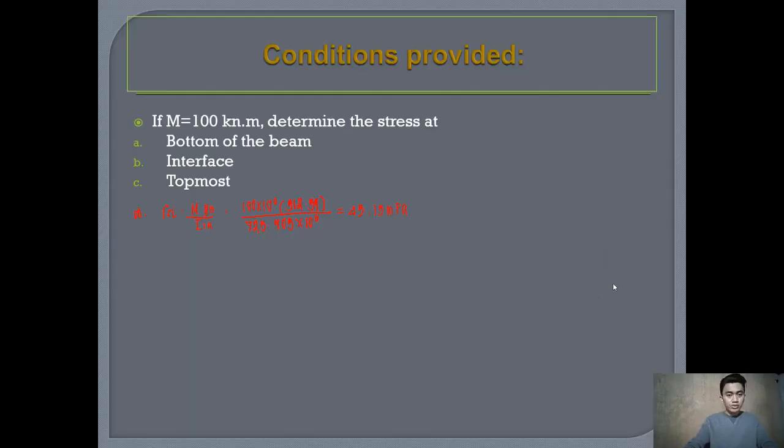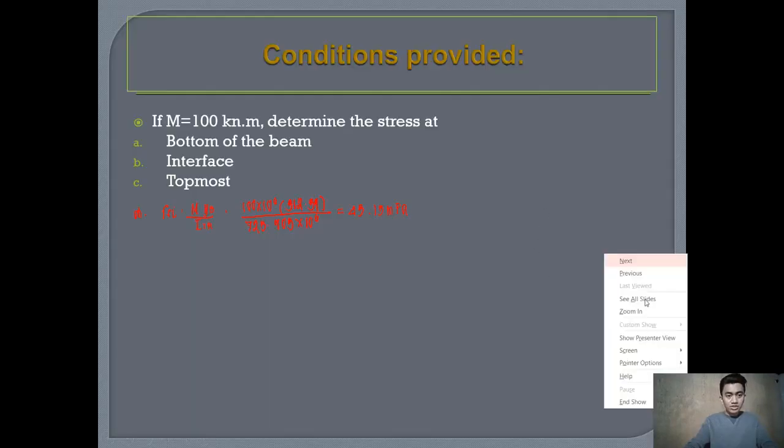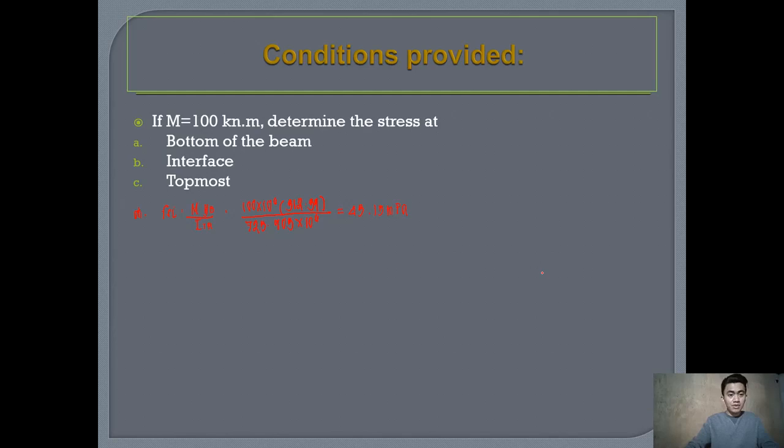Alright, so let us now proceed to the next item, which is the stress at the interface now of our composite beam. For the interface, there are two possible answers. So let us start off first with the steel interface.